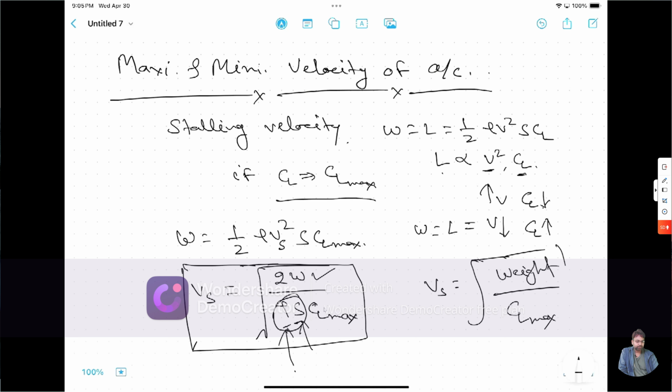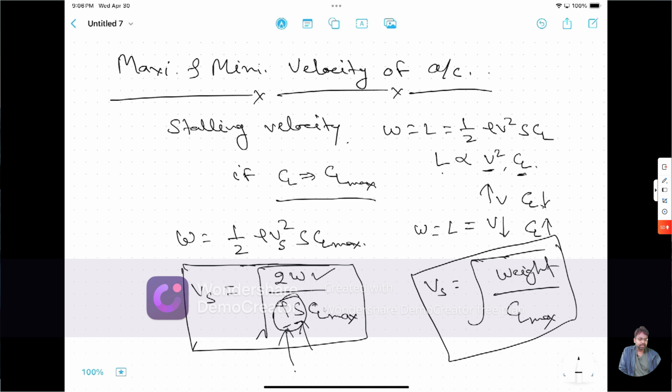CL max is the aerodynamic characteristic of the aircraft, and weight, how much weight, depends on the flight to flight. So every time the pilot needs to correct the stalling velocity for every flight, depending on how much weight he is carrying.